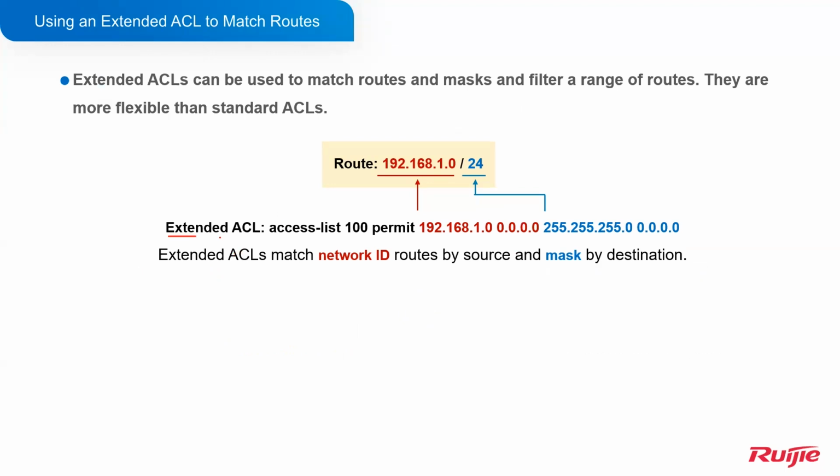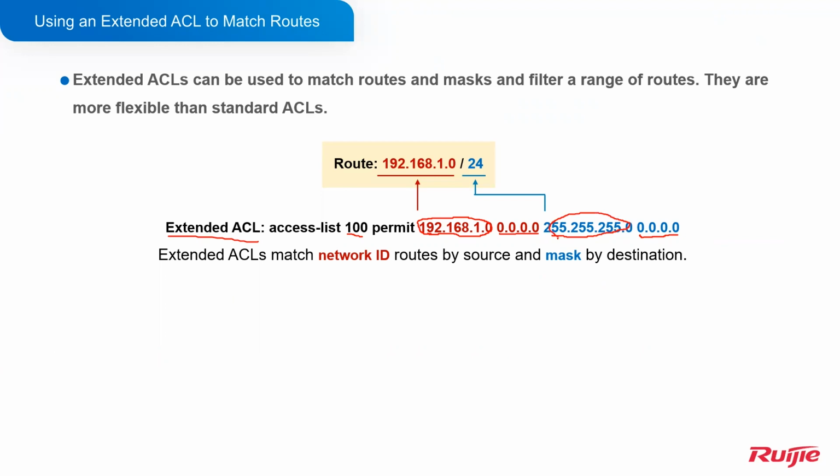We use the extended ACL, access list 100, permit 192.168.1.0 0.0.0.0, and 255.255.255.0 0.0.0.0. You can find here this part, 192.168.1.0, is the network ID of this route. And here 255.255.255.0 is the mask length of this route.